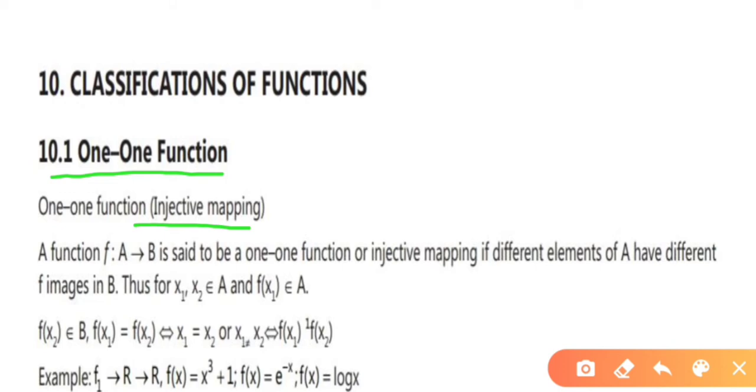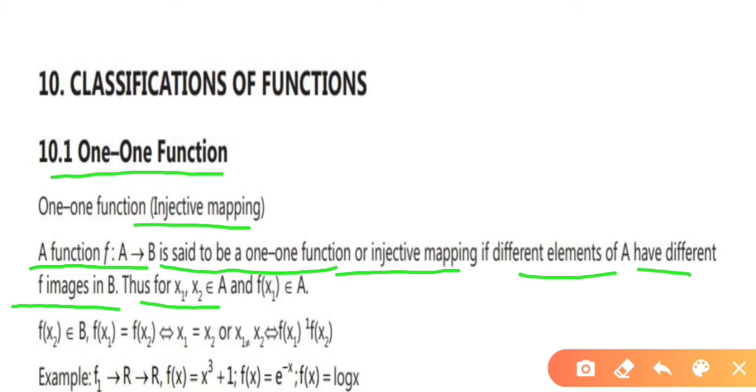Let's see the definition. A function f from A to B is said to be a one-one function, or injective mapping, if different elements of A have different f images in B. Thus, x1, x2 belong to set A, and f of x1, f of x2 belong to set B; f of x1 equals f of x2 implies x1 equals x2, or x1 not equal to x2 means f of x1 not equal to f of x2.